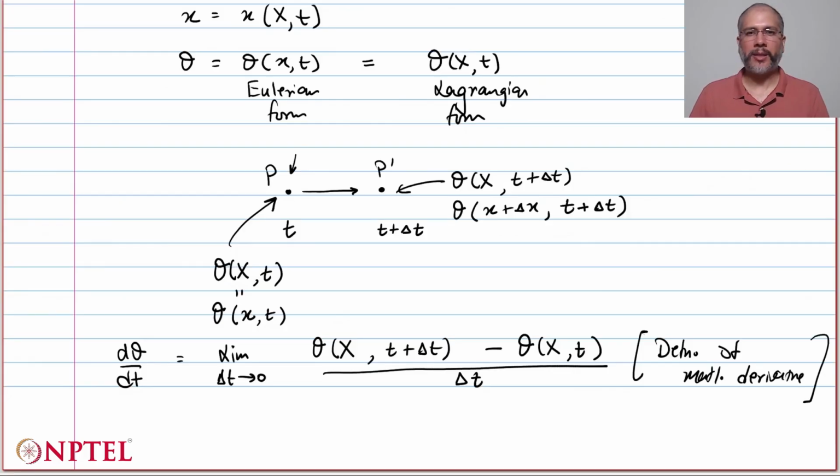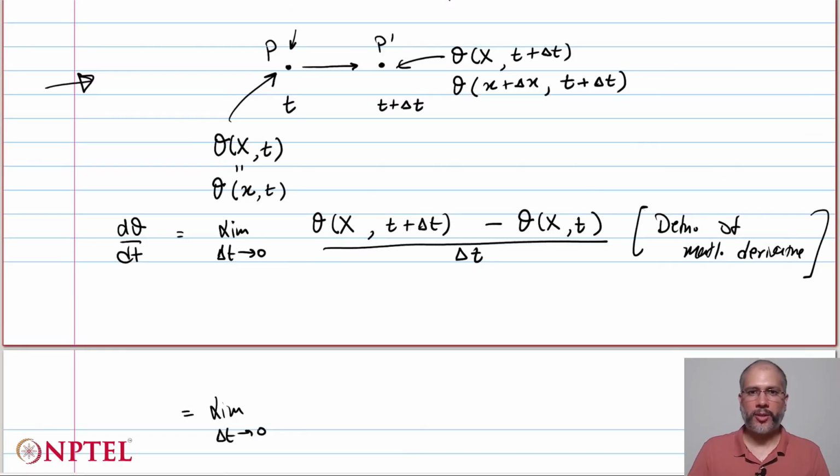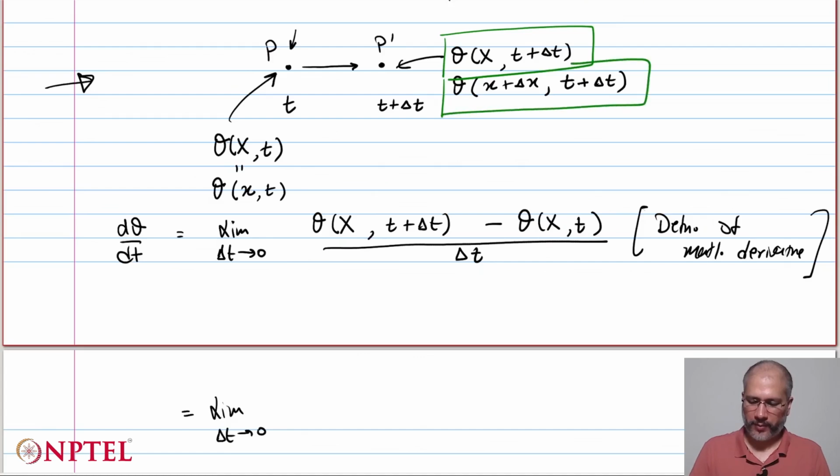So understanding material derivative when quantities are expressed in their Lagrangian description is very intuitive, because that is what the derivative says, that you sit on a material particle and measure the change. So this is going to be our starting point. As we can see from the figure above, theta for the particle capital X at t plus delta t can also be written as theta at the location small x plus delta x at the time t plus delta t.